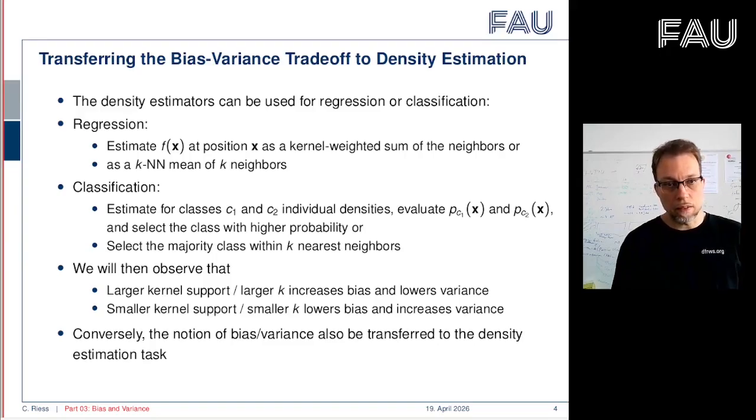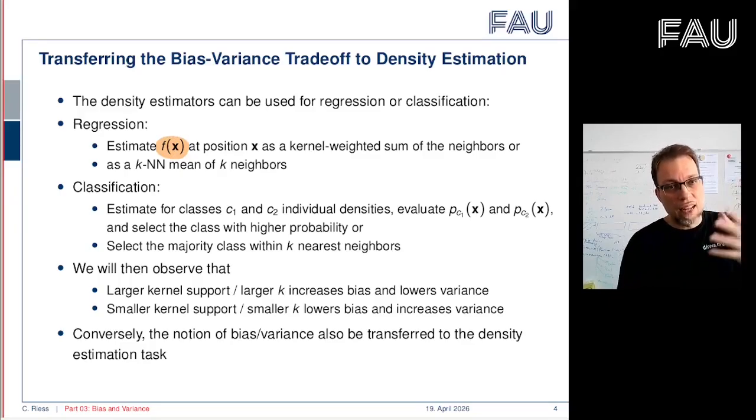So the density estimators, you could imagine to use them as primitive regressors or classifiers, by saying, well, okay, I can do regression by estimating f of x. So if f of x were a density, then I effectively already have something like a regressor.